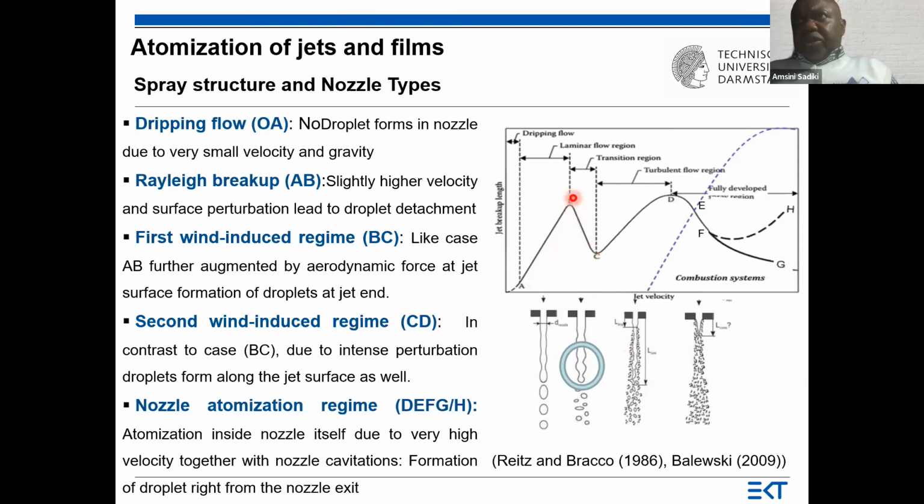And here we can speak about a transition region, because from point C we have directly the turbulent flow region. So here, the jet breakup length is very, very small.